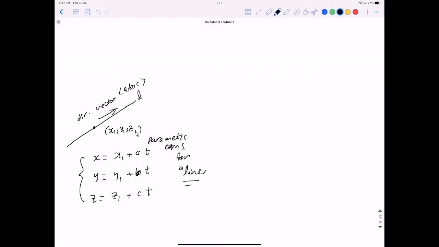We need to know a point and a directional vector. This is this form. Symmetric form of this line L is x minus x1 over a. Imagine that we eliminate t from these three equations.